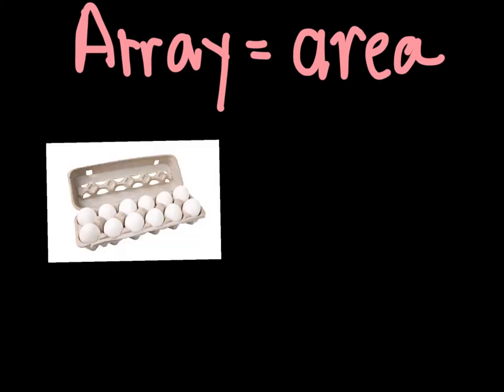So here we have a carton of eggs. What you're going to notice is that the eggs are organized in rows and in columns. And this is exactly what an array is. An array is a group of objects that are arranged in rows and columns. I'm going to go ahead and write that down for you.